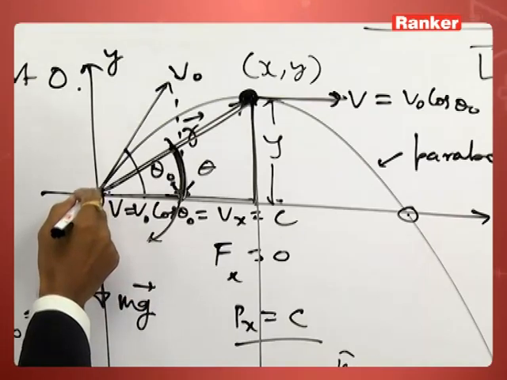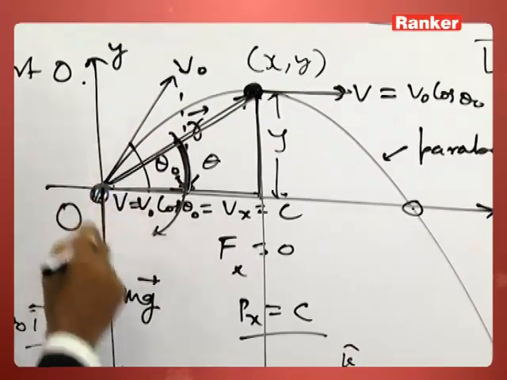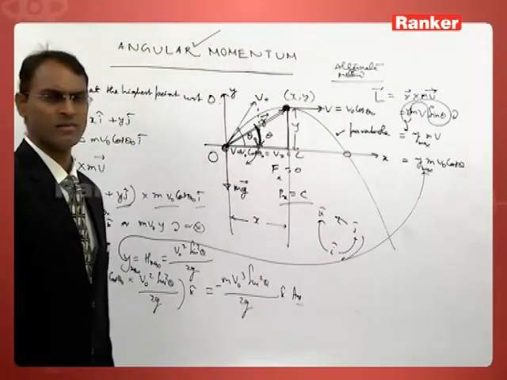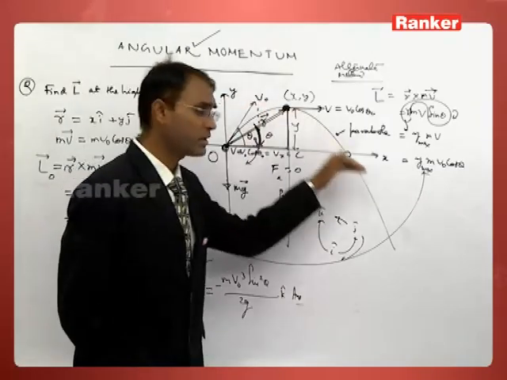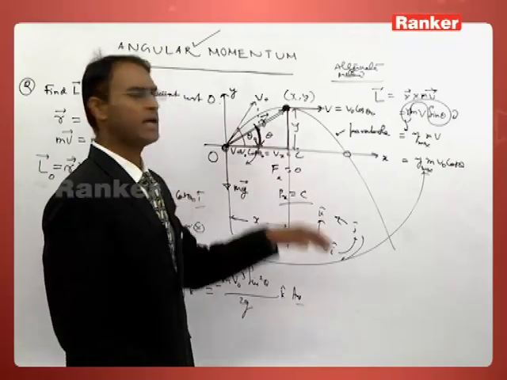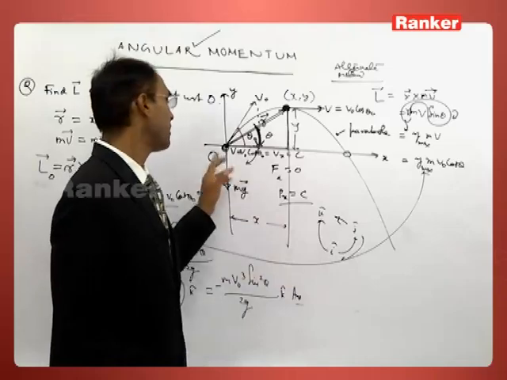When the particle was here, its angular momentum with respect to the same point will be 0. So angular momentum keeps on changing. And we will prove in the next section that the rate at which this angular momentum is changing is none other than the torque acting on the particle by gravity about this point.